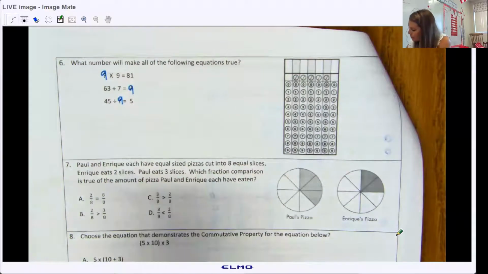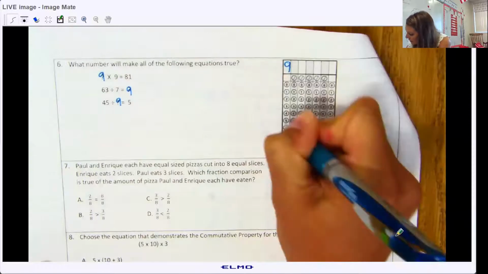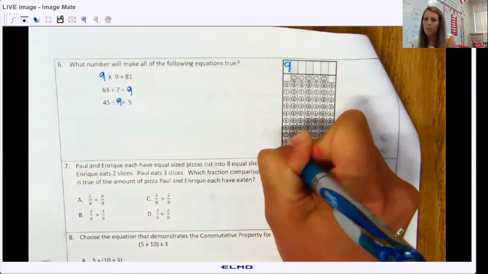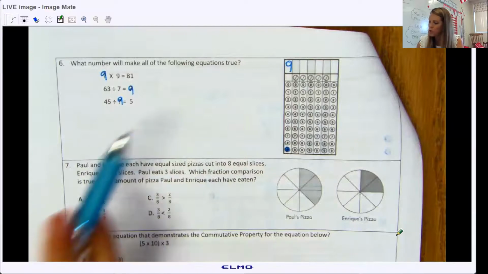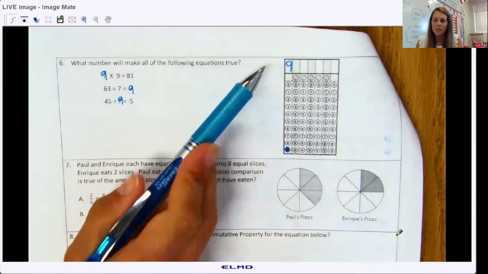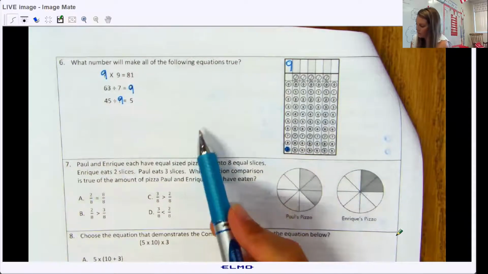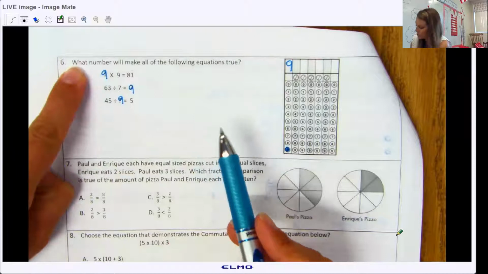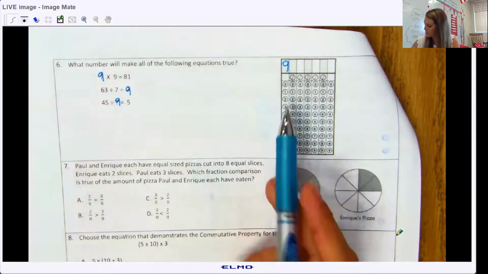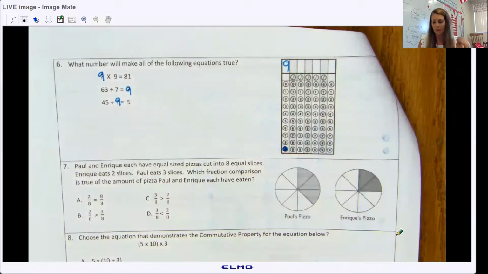So your answer should have looked just like this. Remember, we always start in the very first box, just like if we're reading, right? We look at the first letter. So that's why we start in the first box. After you write it, you always bubble it in, okay?